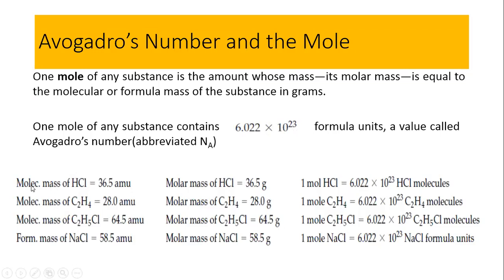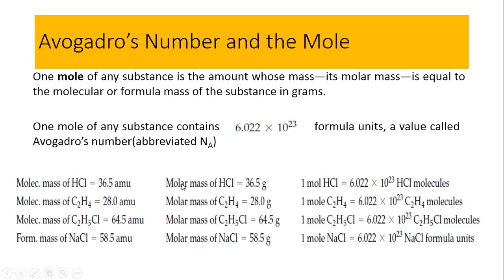So here is the example. This we have already calculated in the previous slide. The molecular mass of HCl is 36.5, and this is also called the molecular mass of HCl, 36.5 gram. So these are the same thing.